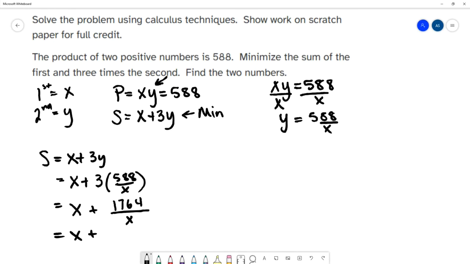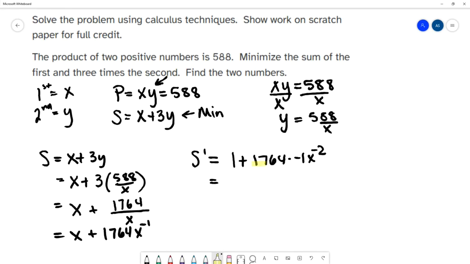I'm going to do one more thing algebra-wise. I'm going to write this as x to the -1, so it's a little easier to calculate the derivative. So I'll calculate the derivative. That's 1 plus 1764 times -1 x to the -2.